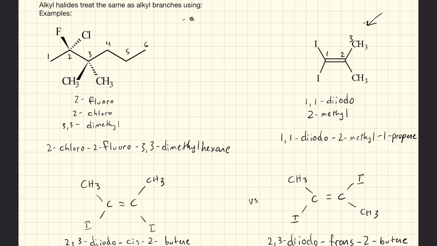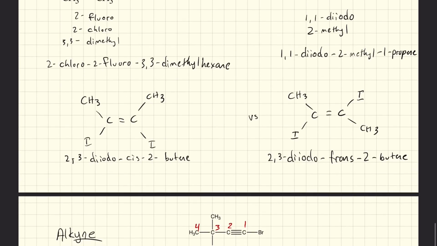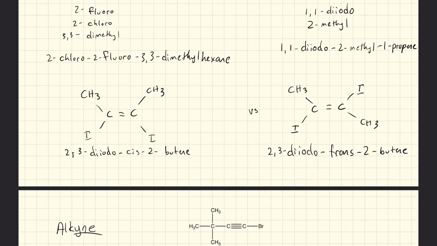All right. So that's alkyl halides. Exactly the same. So now the last thing that we're going to talk about is alkynes. Alkynes function exactly the same way as alkenes. So I'm going to number to go through the triple bond first.